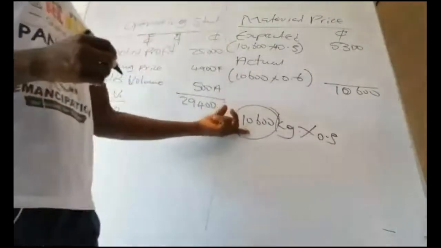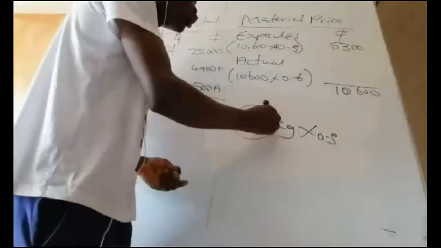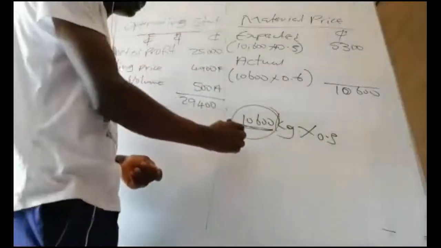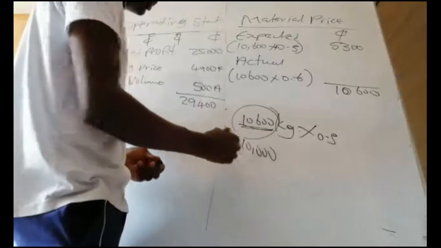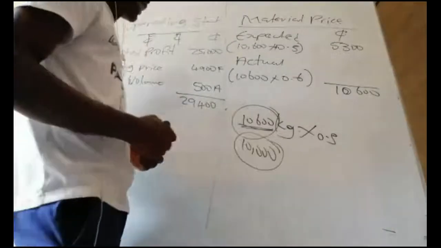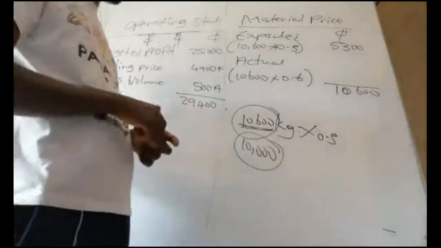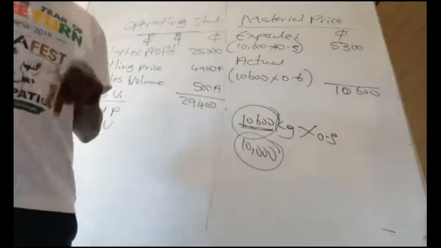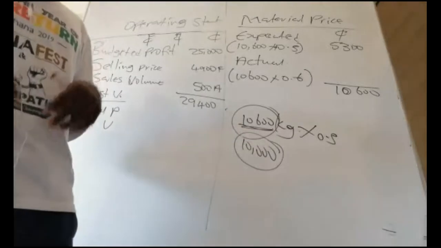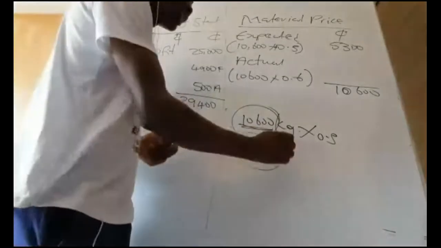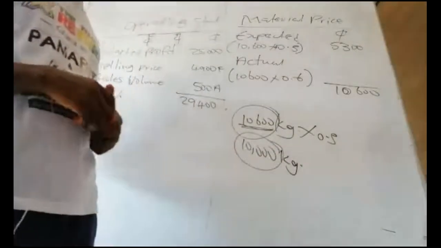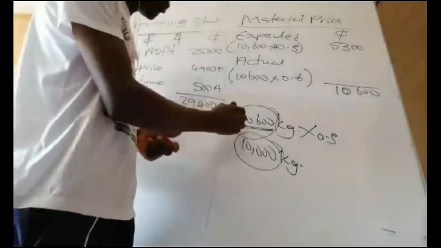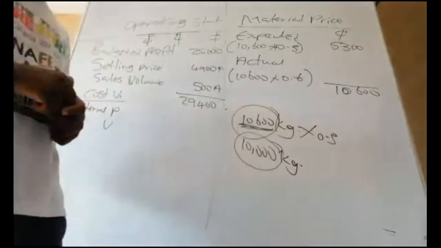Yes. So we have to use the actual material, but not the budgeted materials of 10,000. The budgeted material is 10,000. That one is what we have budgeted. That's not what we have acquired. We budgeted that we have to go and buy 10,000 kg of materials. But when we went, we bought 10,600.